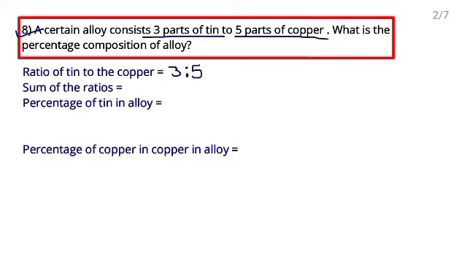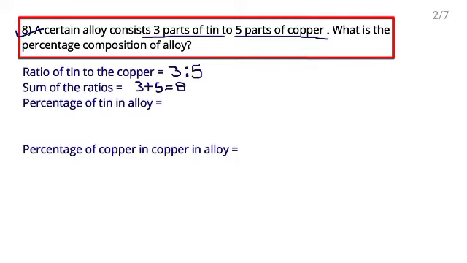It means we have to find out what is the percentage of tin in alloy and what is the percentage of copper in alloy. Okay, so in ratio you have studied how you can find the part of tin and copper in alloy. Sum of the ratios, 3 plus 5, will be 8.